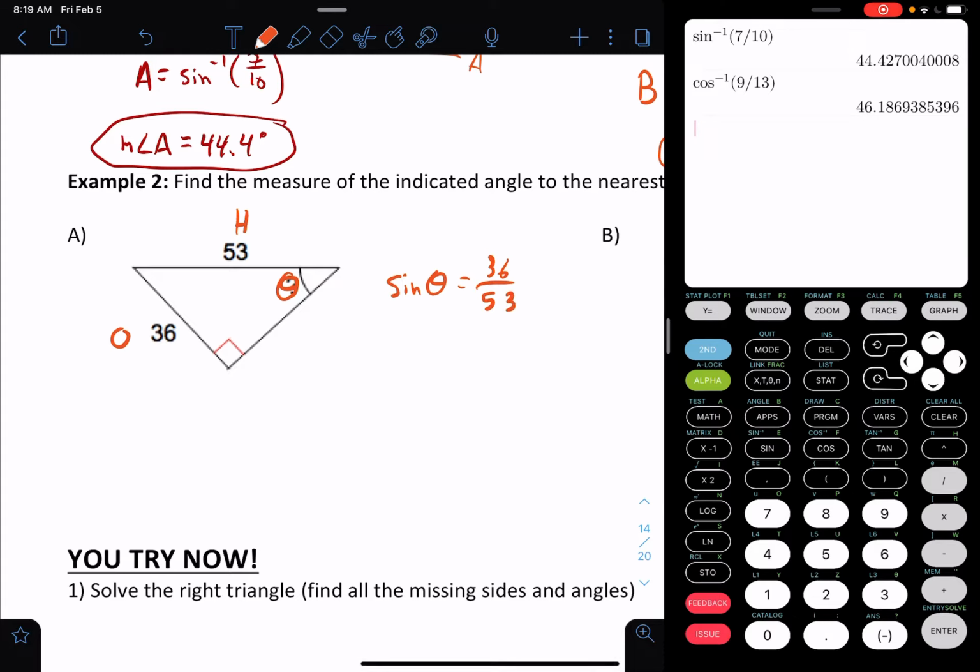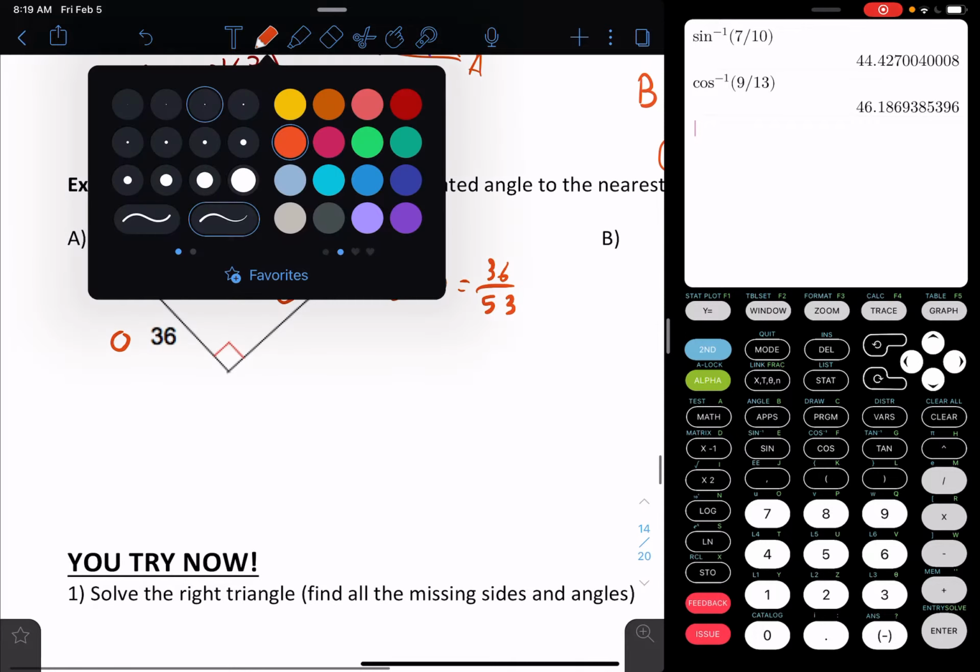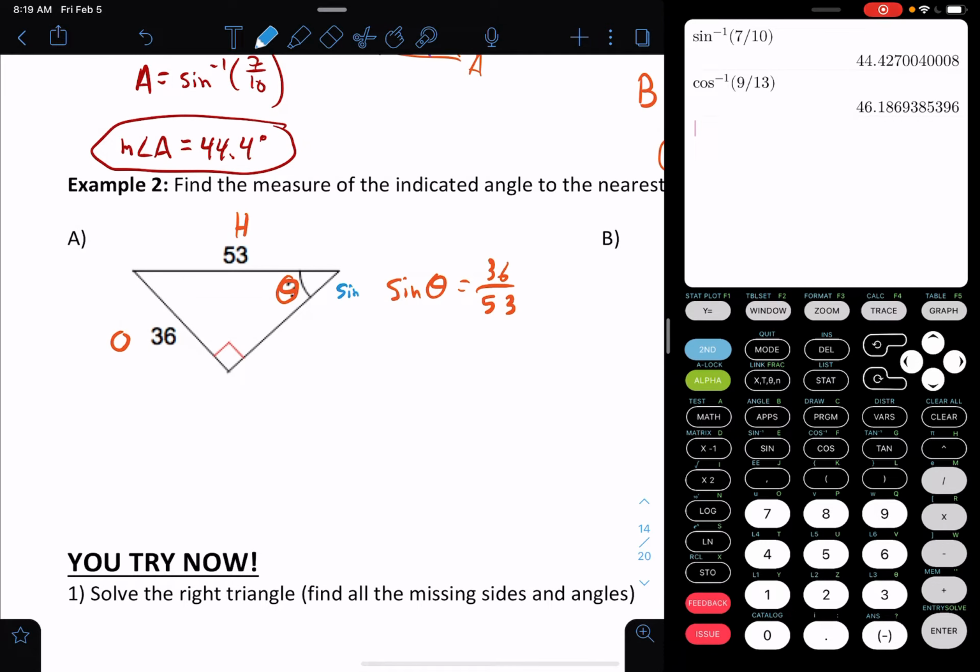36/53. Notice my variable, this theta, is trapped inside of sine. So I'm going to do sine inverse of both sides, because I need to undo sine. I need to get rid of the sine to get the theta by itself.